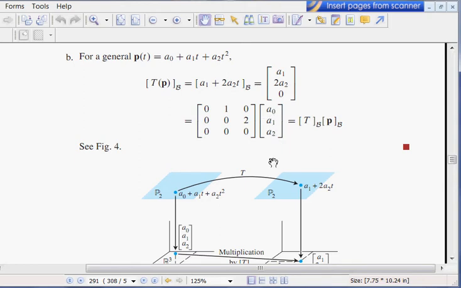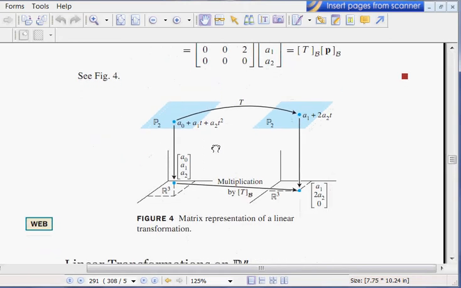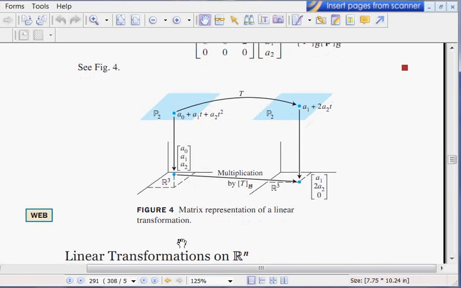The original coordinates are bracket p sub B, and this is a visualization of that. Once again, this is always going to be 0.